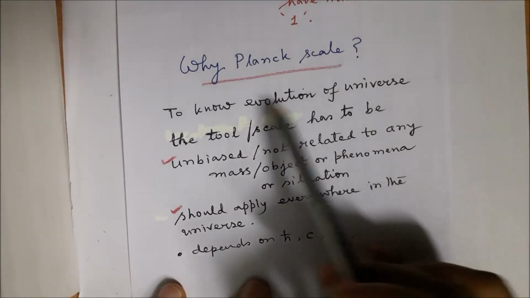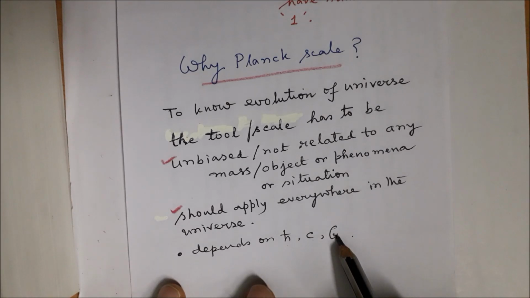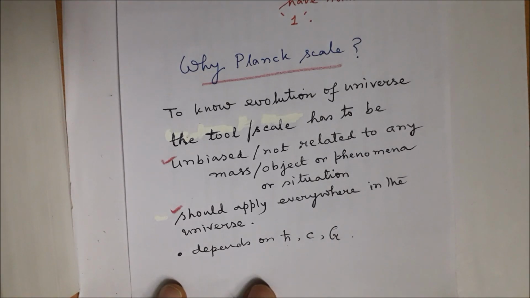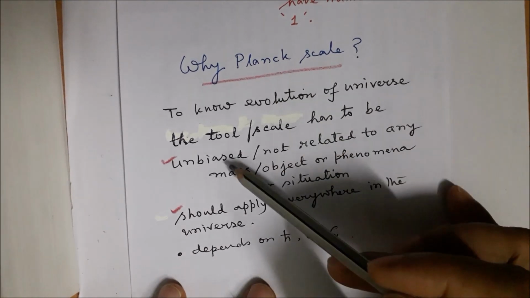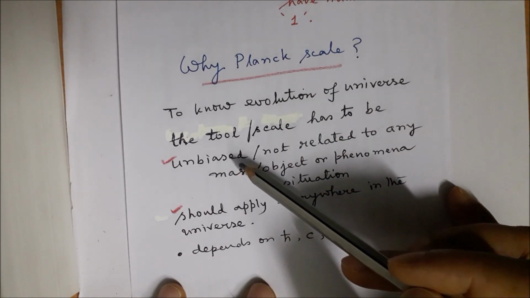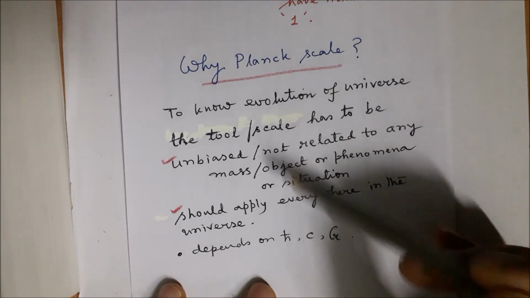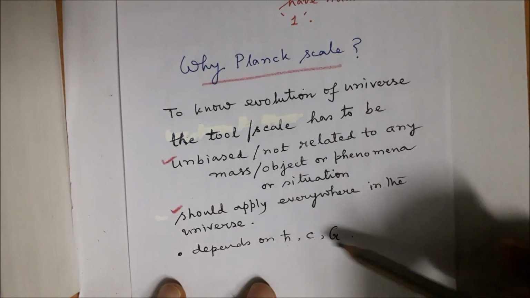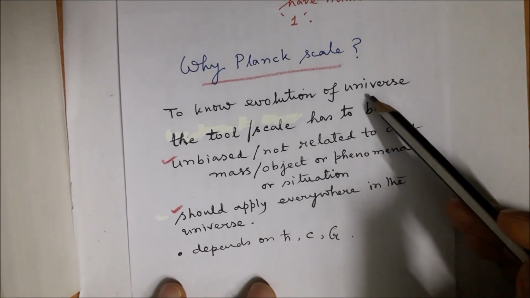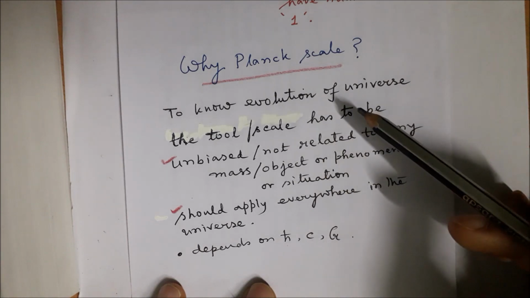Planck scale depends on only h cross, c and G. So that is one significance of Planck scale. Since it is not biased, it does not attach to any particular object, it is the best candidate to describe a universe, in particular its evolution, interactions, etc.